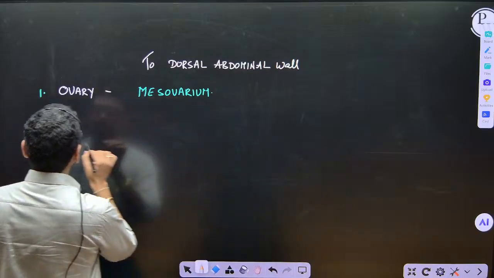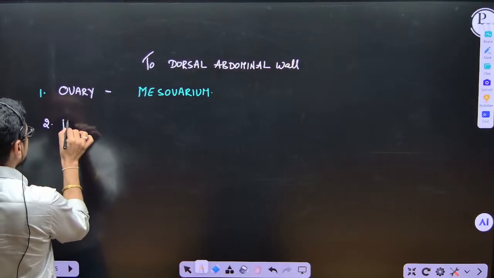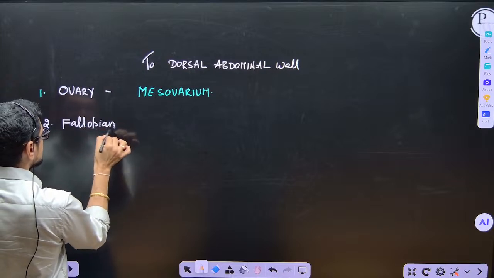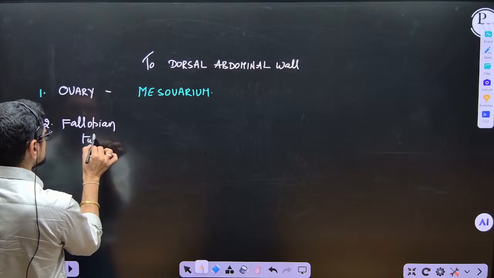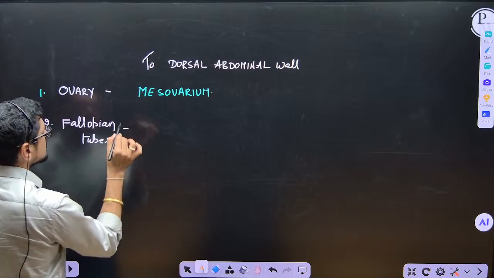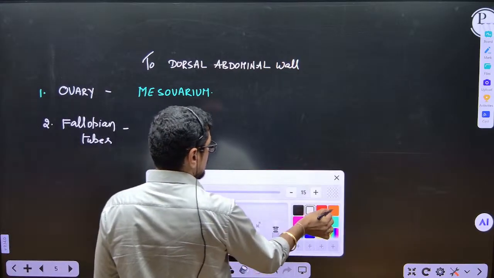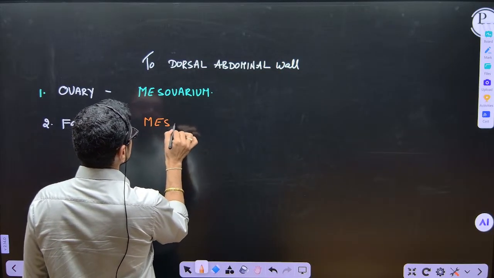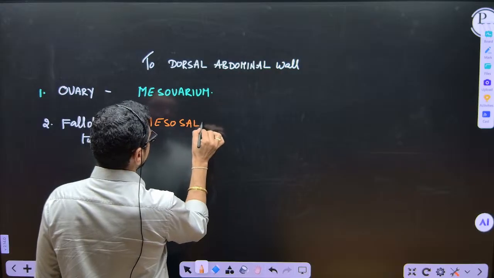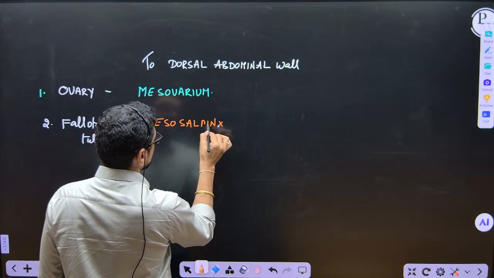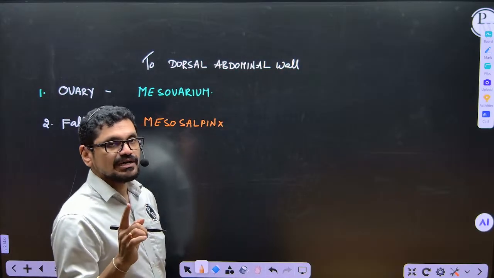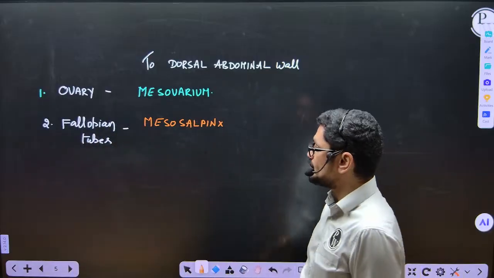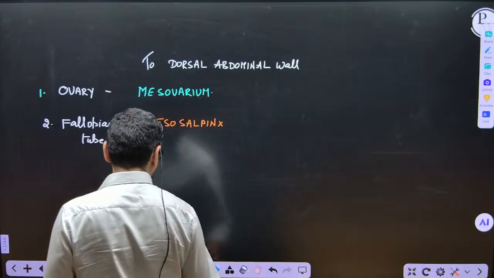Number two, similarly, fallopian tubes are also attached to the dorsal abdominal wall with the help of mesosalpinx. The words will be different but not difficult. Try to remember these words. You have to repeat along with me. And now the uterus.